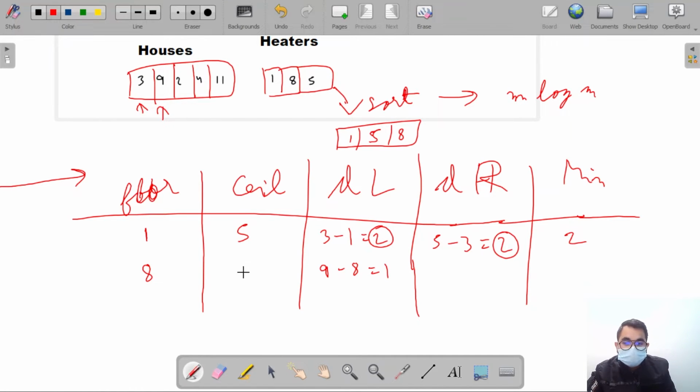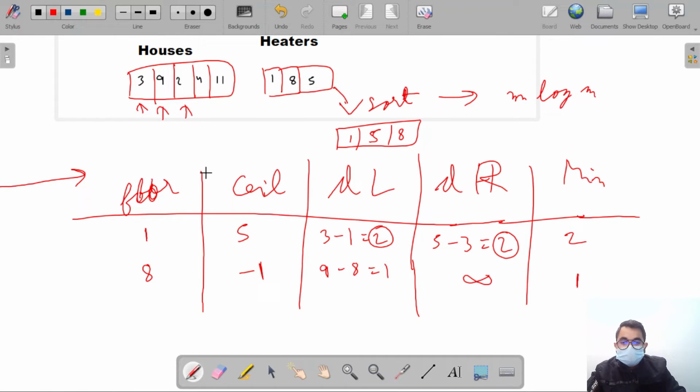If this was the case, I will return minus 1, and the distance from the right I will say is infinite, because there is no possible distance from the right side now. So the minimum distance between 1 and infinite will be 1.